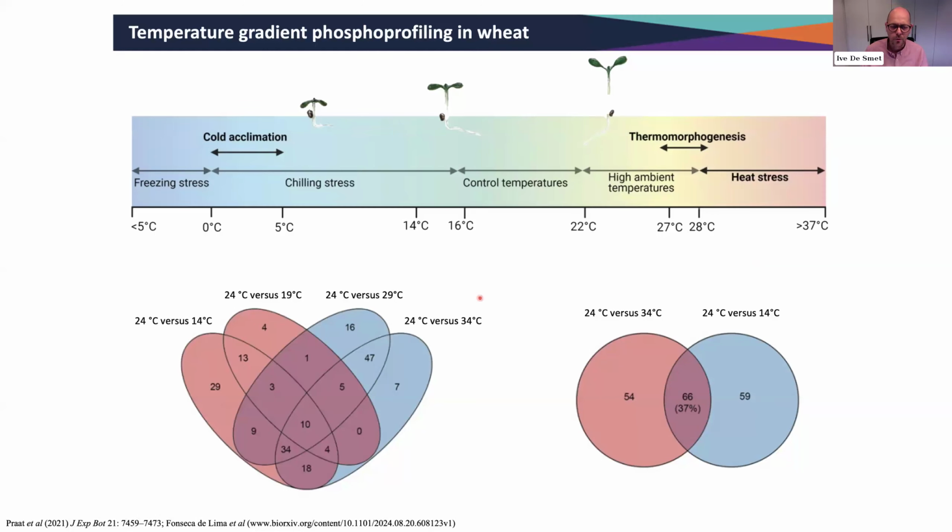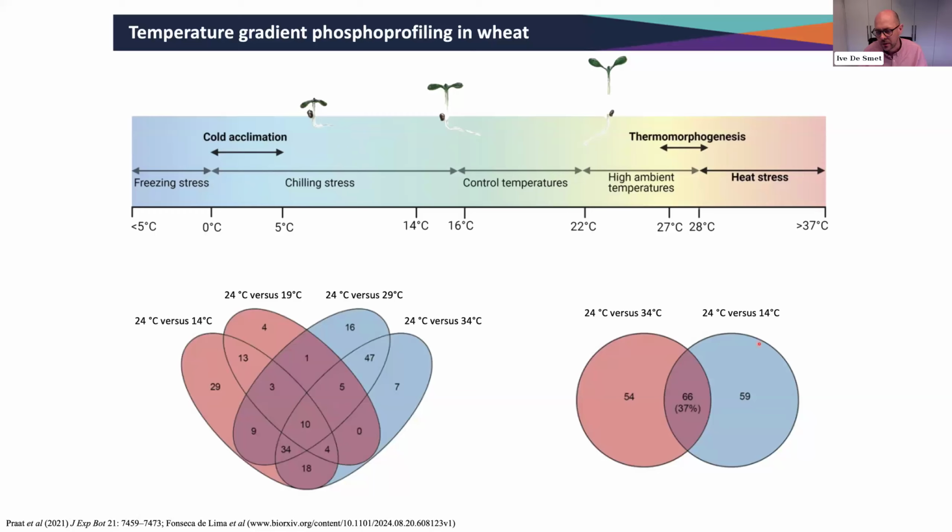However, if we overlap our data and compare our control temperature with either the lower or higher temperatures, we do indeed see a set of differential phosphorylation in each of these groups, but there is also a large overlap.